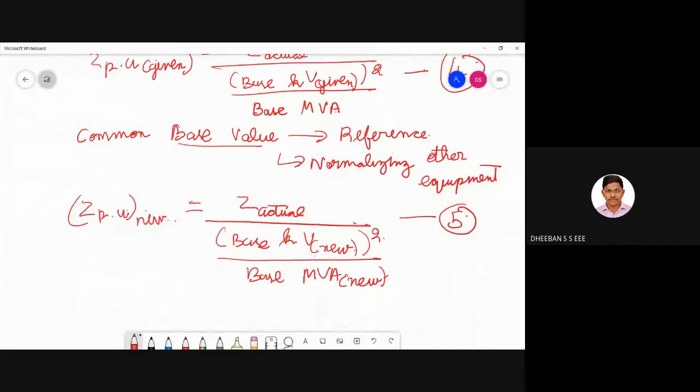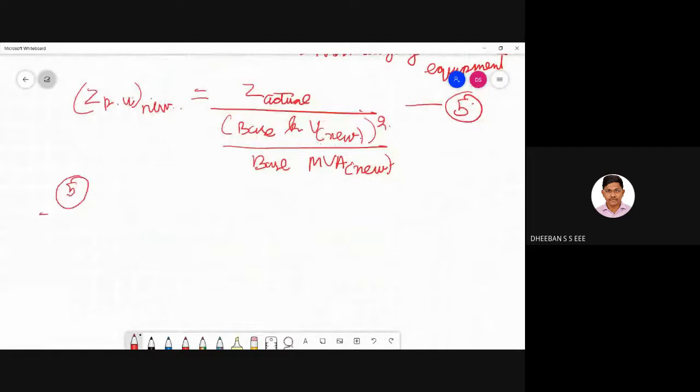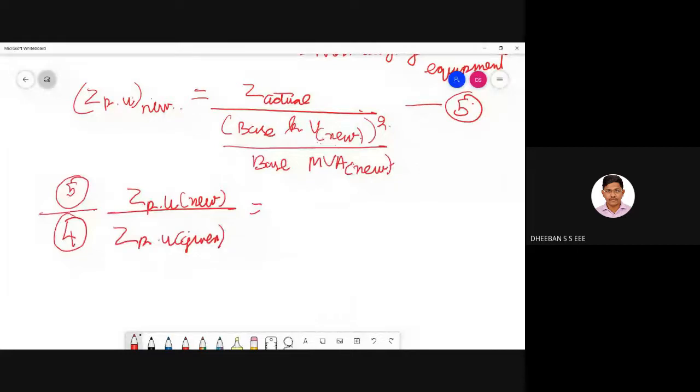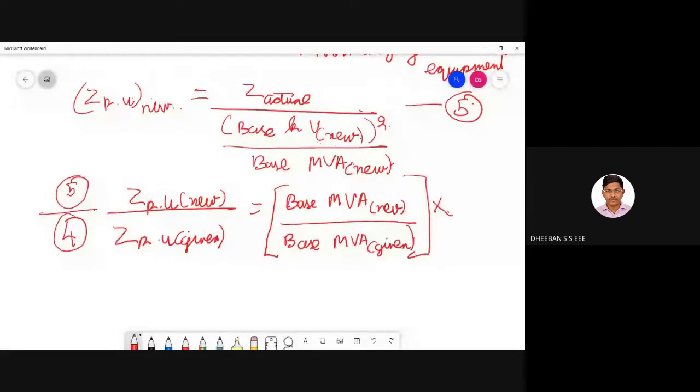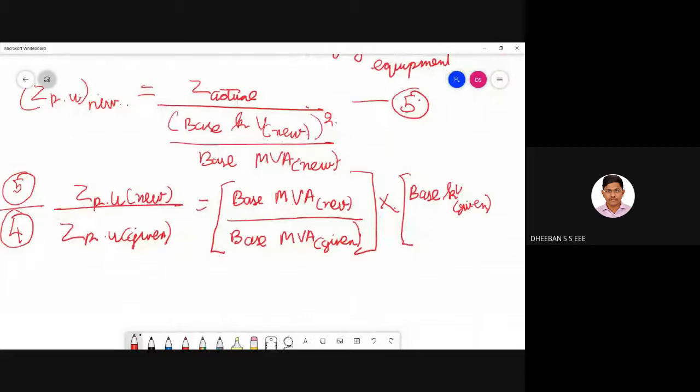And now if you are dividing your fifth equation by your fourth equation, you will be getting Z per unit new by Z per unit given, it will be equal to just dividing, so you will be getting base MVA new divided by base MVA given, this based upon the new value, into base kV given divided by base kV new. So this will be whole square.